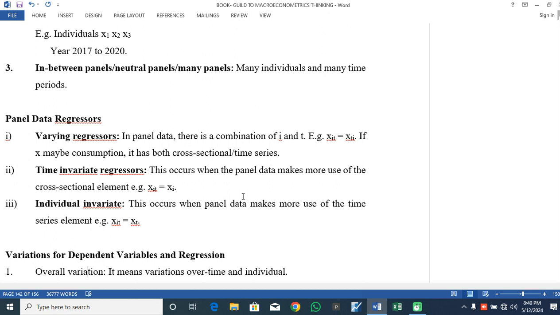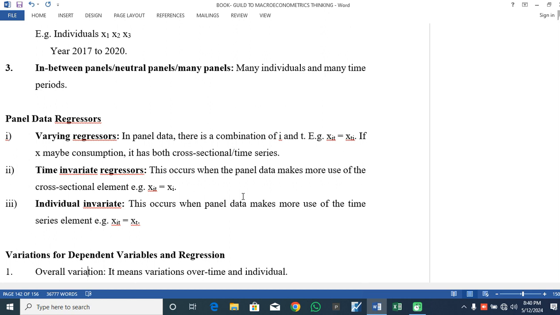Remember, this class this evening is an introductory class. We may or may not be able to go further than this. But before we end this introductory class, I want to explain the panel data regressors, and I will cap off the class. We have three of them. The first is the varying regressor.